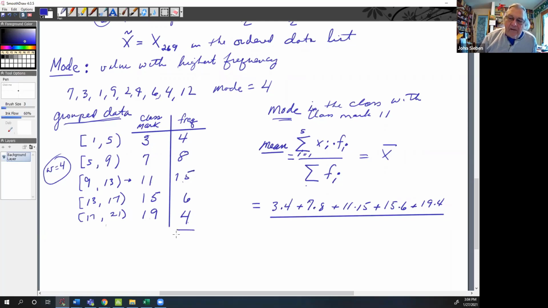So if I add this column, the frequencies, I would have sigma fi. Sigma is prettier than that. Sigma fi would be 4 and 8 would be 12, 24, 20. Let's see, 4 and 8 would be 12, 20, 27, 33, 37.